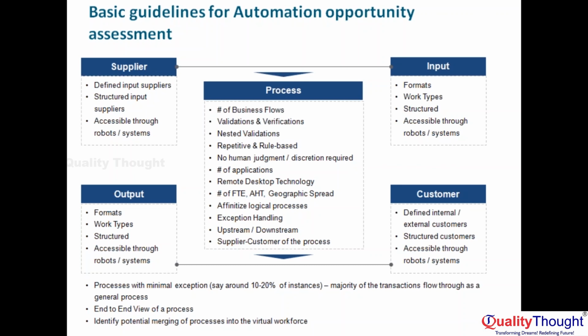Geographic spread. This is very important. So let's say it is one process, and more employees are working on that process. In how many locations are they working? For example, I have a process to automate. For process one, 10 UK employees and 2 Indian employees.